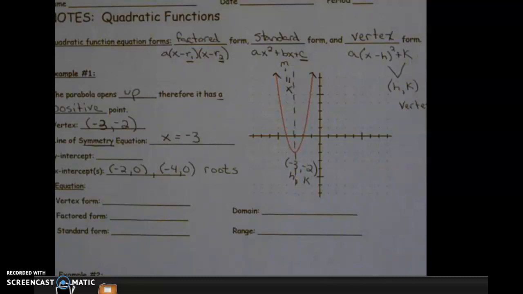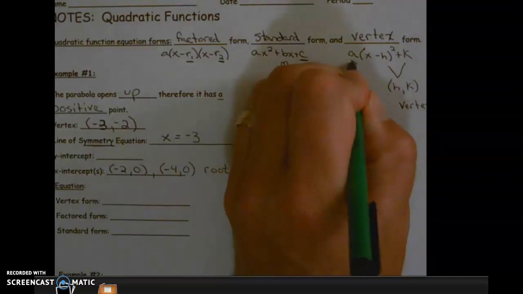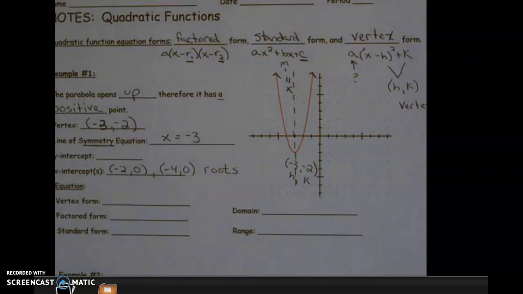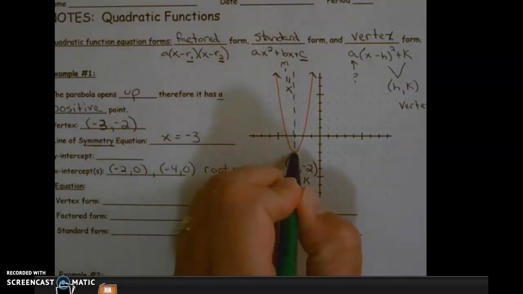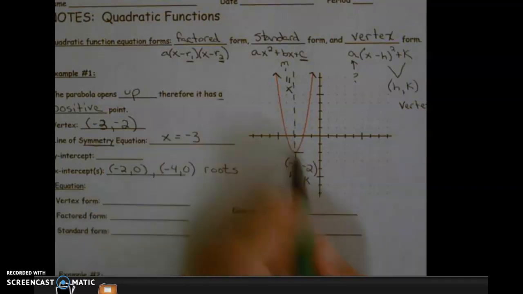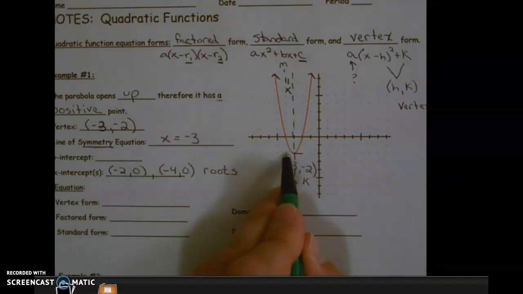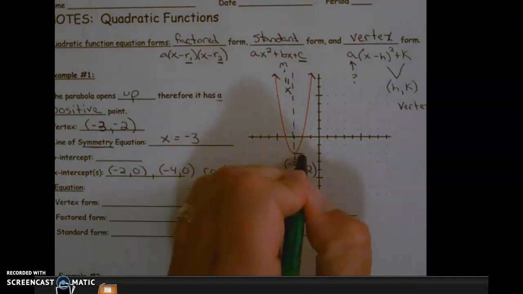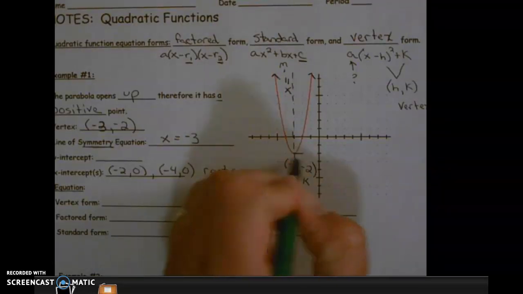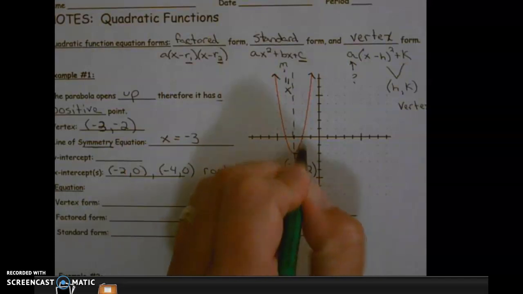What we don't know is the a value. To calculate the a value, you're going to go to the vertex and go over just one unit. You can either go left or you can go right. And then the second thing you do is you count up or down, depending on which way the graph goes. The graph is going up, so you're going to count up.